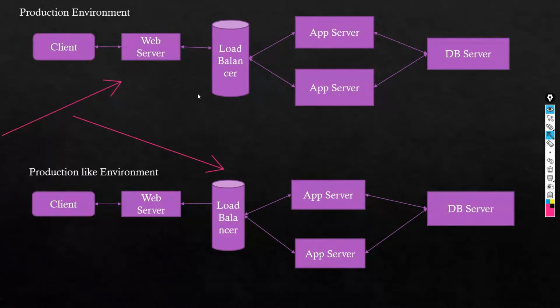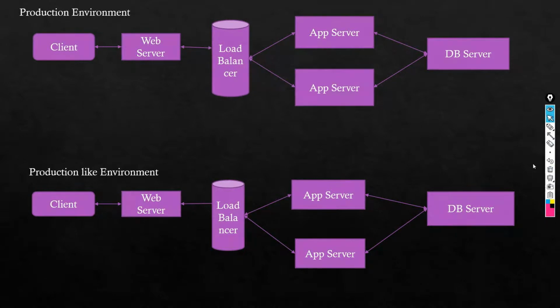That's the reason the performance testing environment should always be similar to the production environment. So just remember this point: both environments should have the same configuration, same servers, and all those things. This one point is very important.